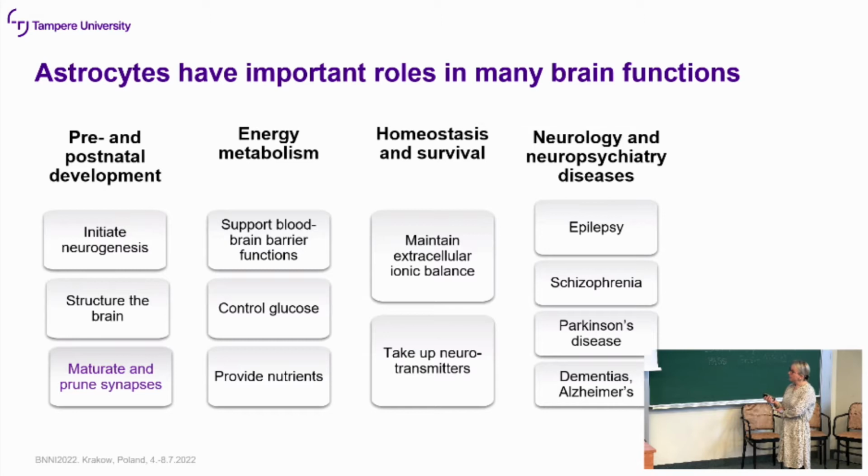In energy metabolism, they support blood-brain barrier functions, they control glucose and provide nutrients. And very, very importantly, and this is also, I think, known for 20, 30 years, they do these homeostasis and survival functions. They, for example, maintain extracellular ionic balance, potassium and other ions, and they take up neurotransmitters.